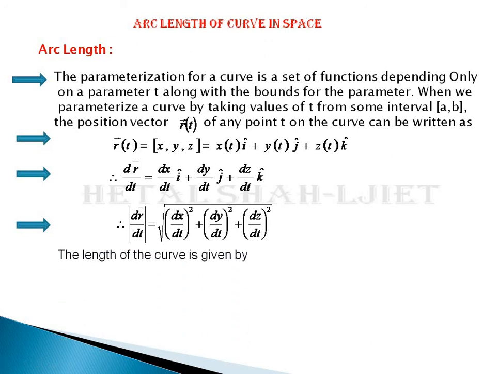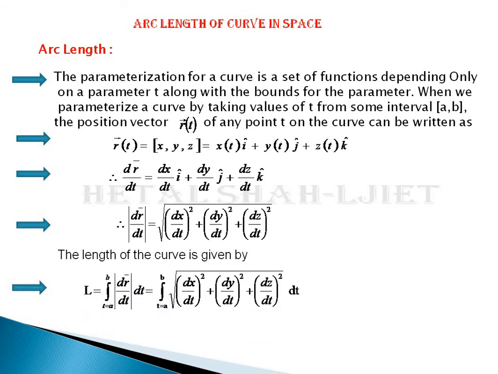The length of the curve is given by L, the integration of this modulus, with boundaries a to b, so integration limits from a to b, integrate with respect to t. So this is the final formula to find the arc length.